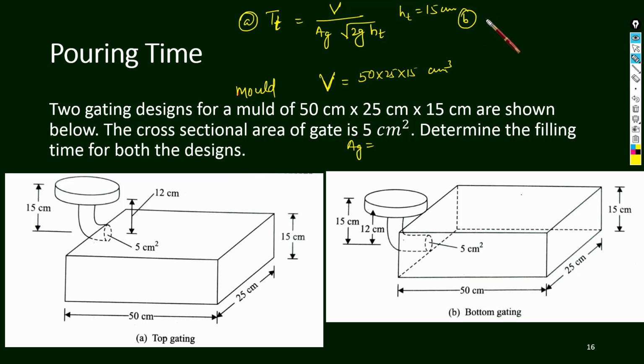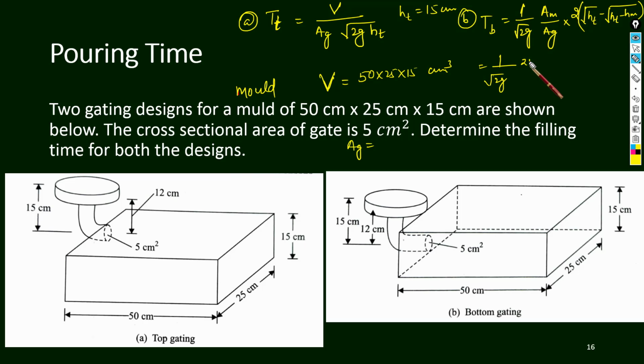In the B case, Tb is equal to 1 upon root 2g, Am by Ag, into 2 into root under Ht minus root under Ht minus Hm. What is the value of Am? This is the Am, that means this is 25 and this is 50.